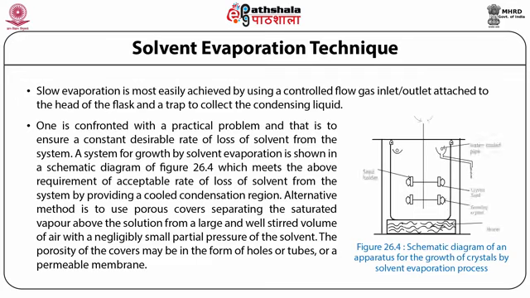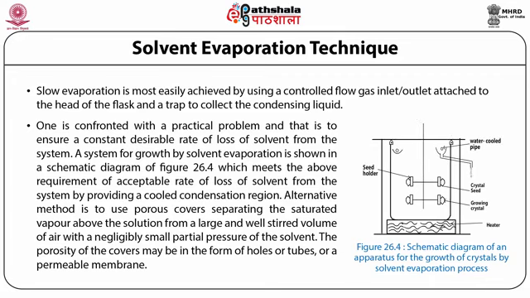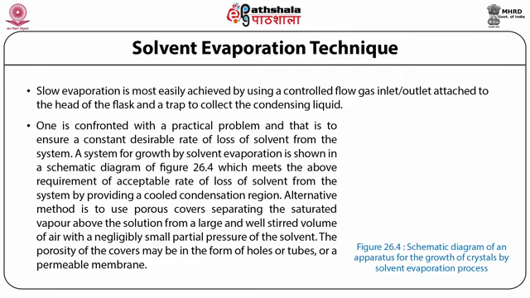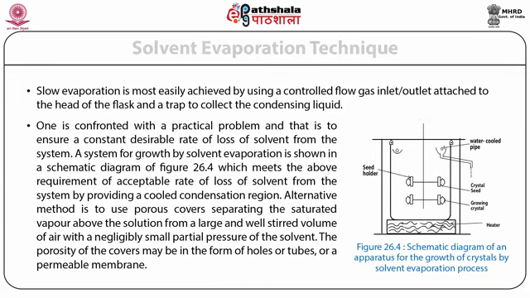Alternative method is to use pore covers separating the saturated vapor above the solution from a large and well-stirred volume of air with a negligibly small partial pressure of the solvent. The porosity of the covers may be in the form of holes or tubes or a permeable membrane.